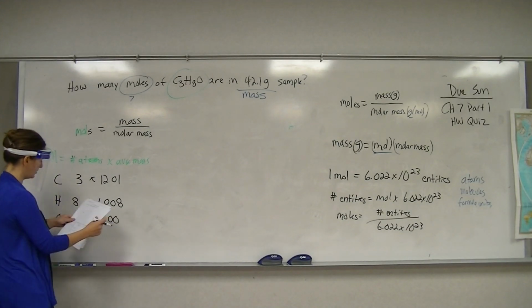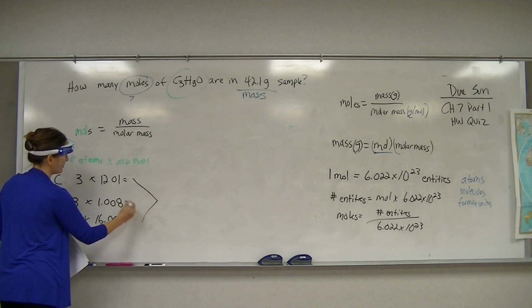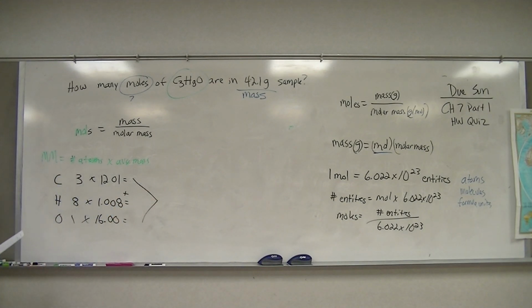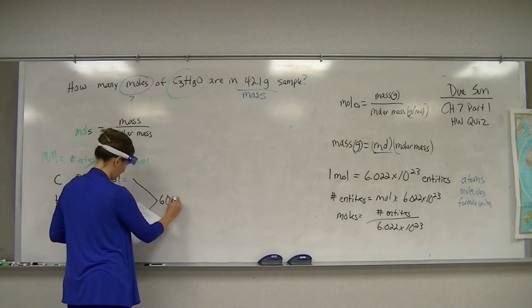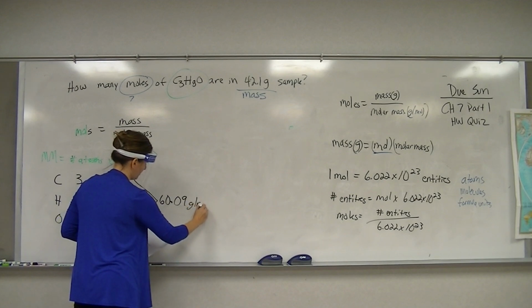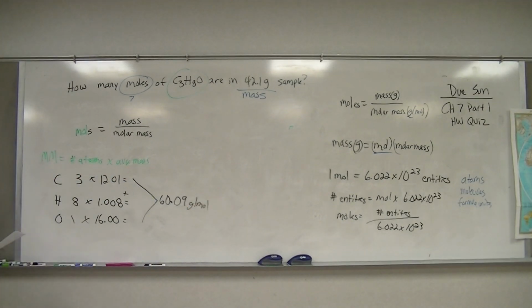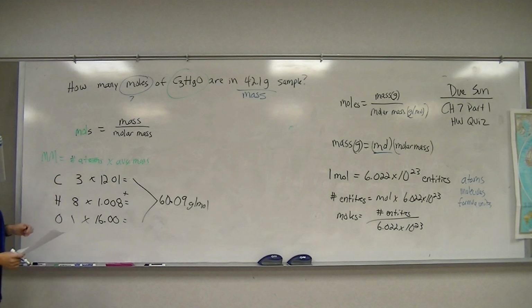So what we're going to do, multiply across, and then we add all of these numbers together. So I already did this calculation. Didn't have to waste time using my calculator here. But I get 60.09 once I multiply all of those across and add them. So this is the total molar mass of that compound.